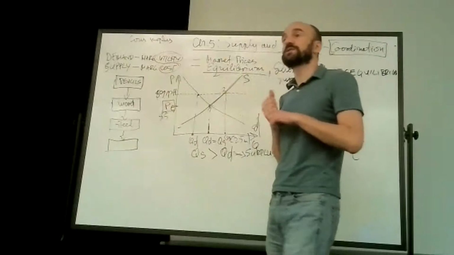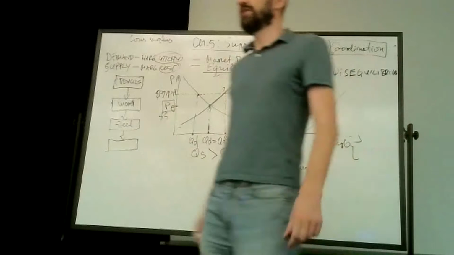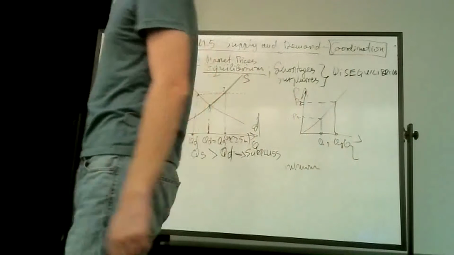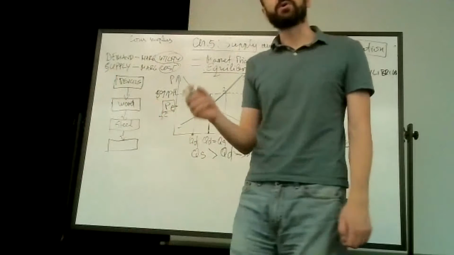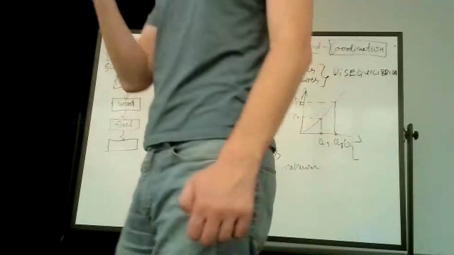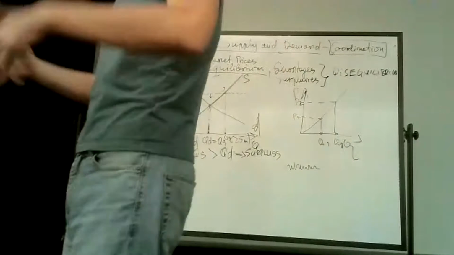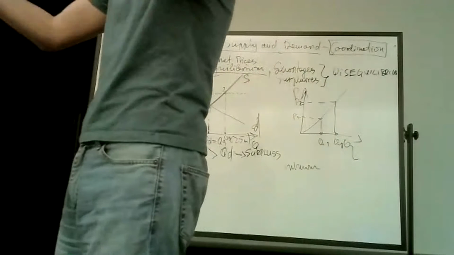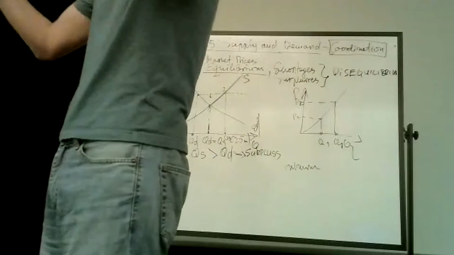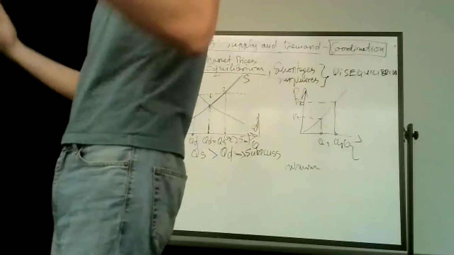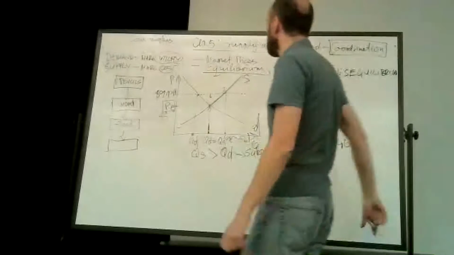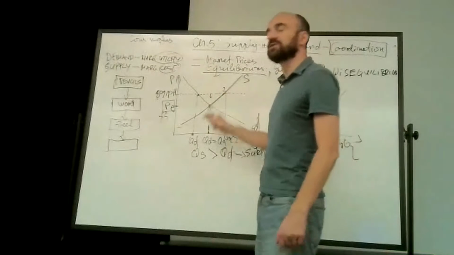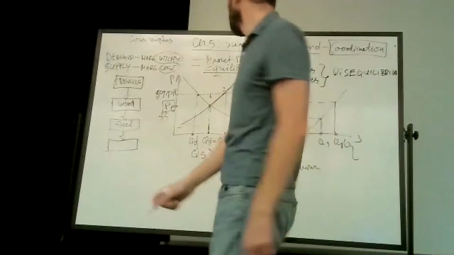So now two processes will start happening at the same time. As the price starts inching down from $9 to 8.5 to 8 to 7.5, usually this process is very brief. We're going to extend it just for analytical purposes. We're going to pretend that it will take a while until this process of re-equilibration happens. So what happens with the supply and what happens with the demand?